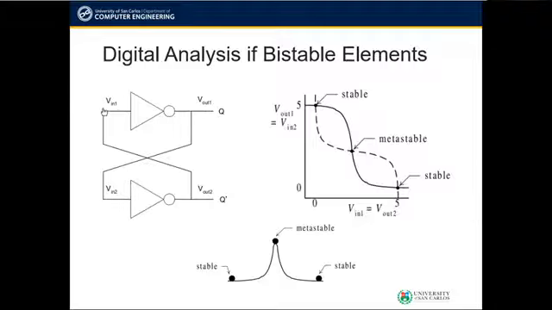Here, Vin1 is the input voltage to this NOT gate, which is equal to Vout2, or the output voltage of this NOT gate. On the other hand, Vin2 is the input voltage to this NOT gate, which is equal to Vout1, or the output voltage of this NOT gate.